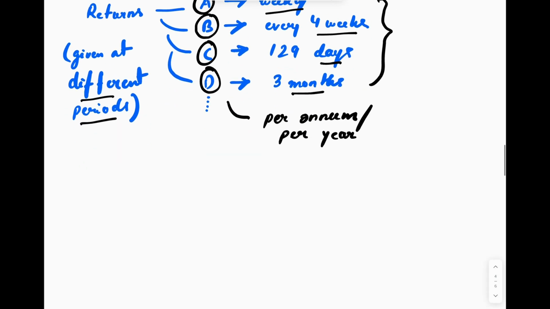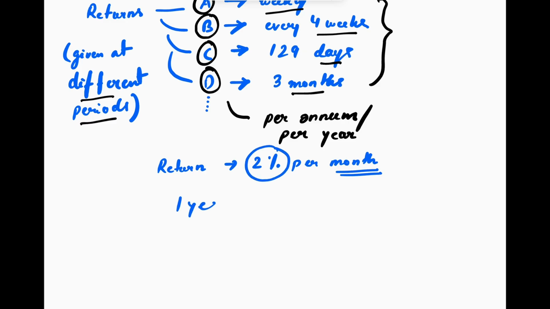You cannot simply do this: if I tell you that the return or interest rate you are getting is 2% per month, then for a year, how many months are there? 12 into 2, 24% per annum, you might say. But this is a wrong way to calculate it.